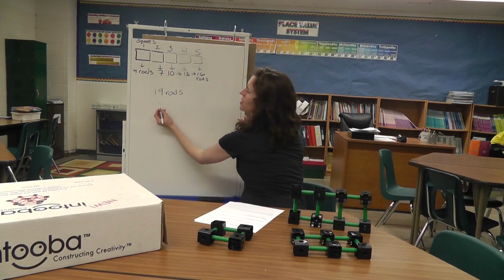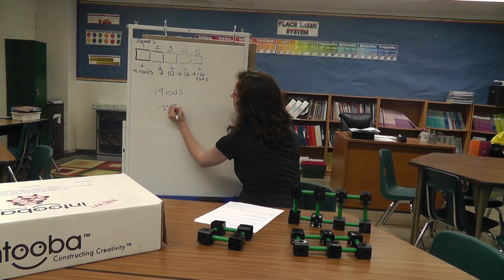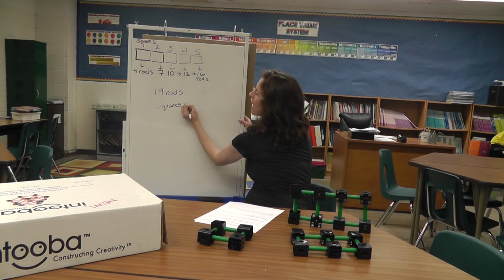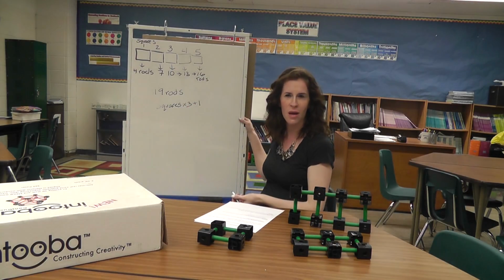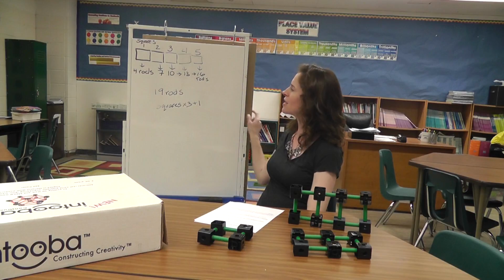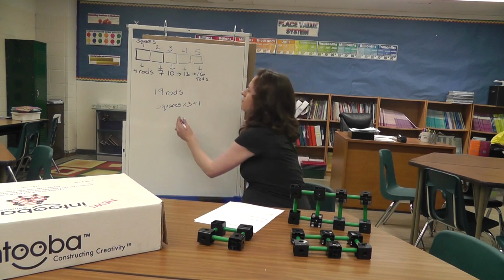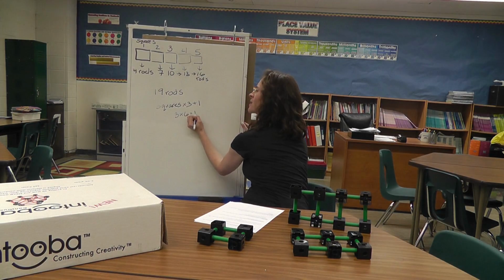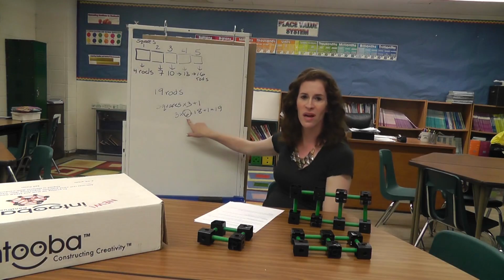So it looks like the number of squares is always times 3 plus 1. So it must mean that if I have 19 rods, 3 times 6 is 18 plus 1 is 19. It must mean that I have 6 squares in all.